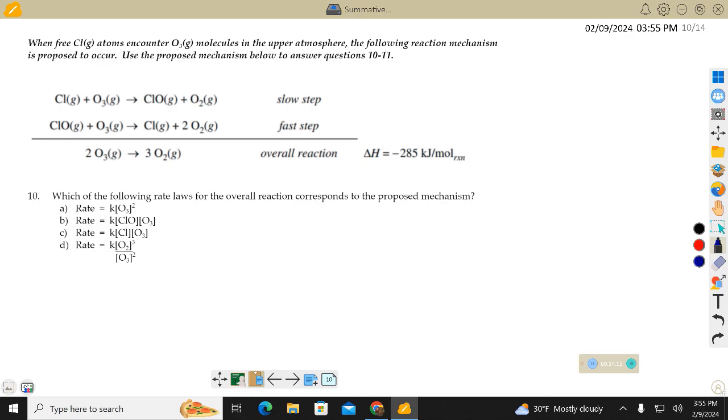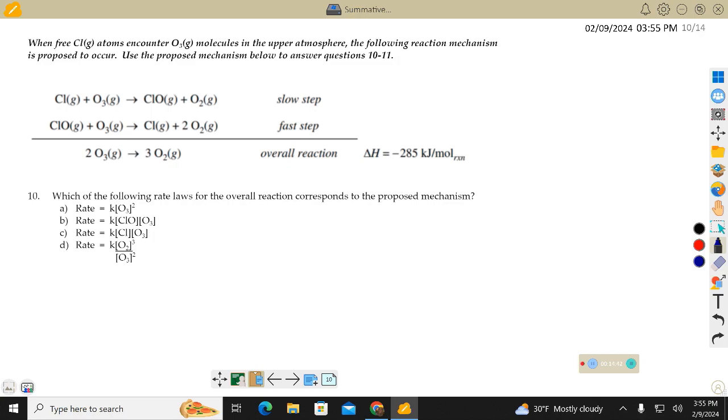And then the last 2, 10 and 11, both go back to this same set of data. When free chlorine atoms encounter ozone molecules in the atmosphere, the following reaction mechanism is proposed to occur. In question 10, which of the following rate laws for the overall reaction corresponds to the proposed mechanism?